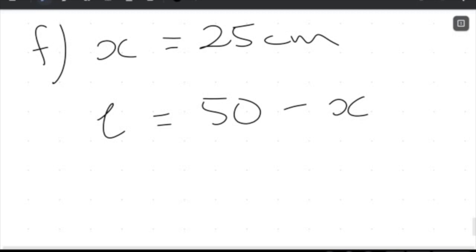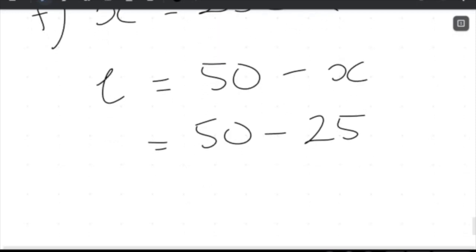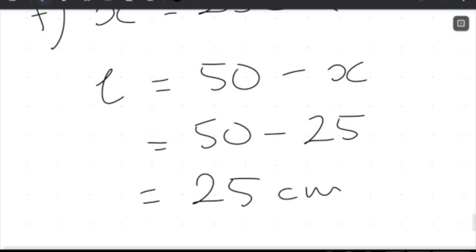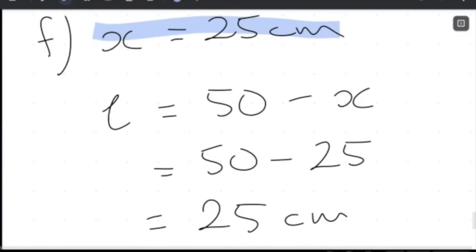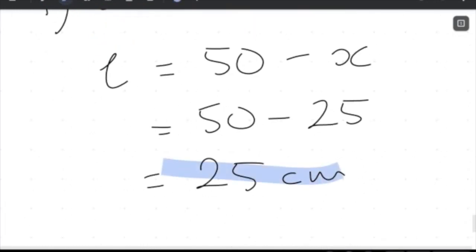We're sort of doing what we have already done in order to draw this graph, but we get 50 minus, substituting in this value of x into my expression for my length. That gives me 50 minus 25, and that gives me 25 centimeters. So these are the two dimensions, x and L, that give us the maximum area.